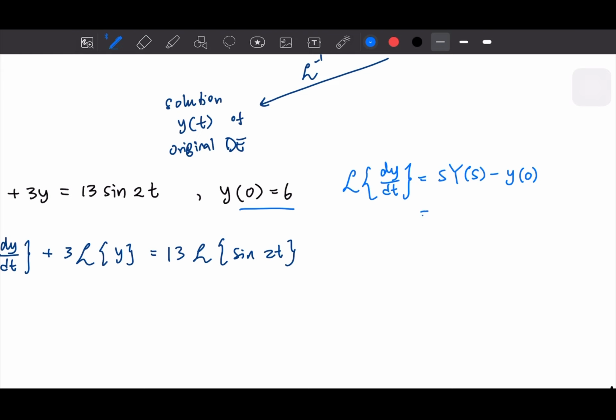So we could write this as capital Y of s minus 6, right? And then the Laplace of sine 2t is equal to 2 over s squared plus 2 squared, which is 4, right?